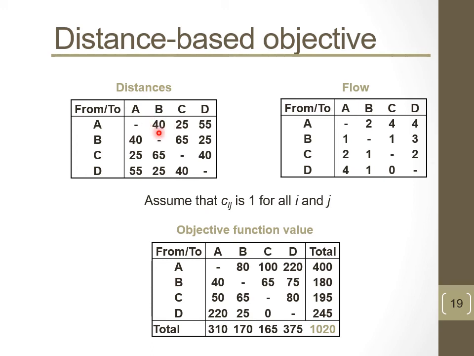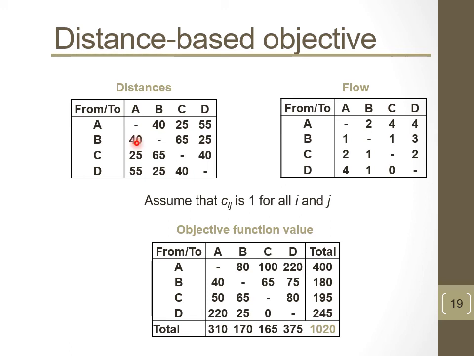Basically, we multiply this matrix with this matrix and with 1, term by term. What does term by term mean? We multiply this 40 with 2 and multiply it with this 1, it makes 80. 25 multiplied by 4 multiplied by 1 makes 100. 55 multiplied by 4 multiplied by 1 makes 220.